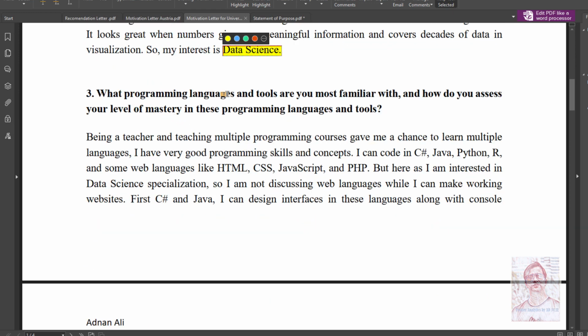Then they asked about the programming languages. You can see that I even mentioned HTML, CSS, JavaScript and PHP, but I also told them that I know these web languages are not useful for data science. So they should know that I have these skills, but I also know that these languages are not favorable in data science.